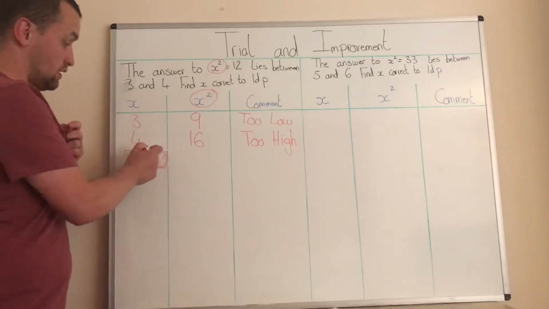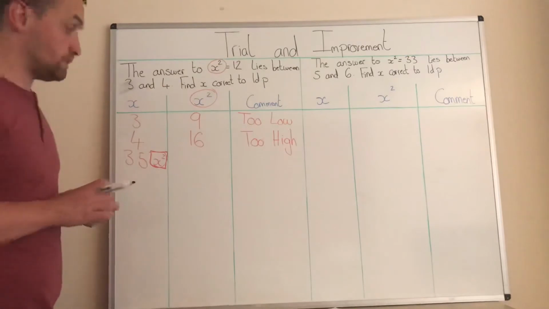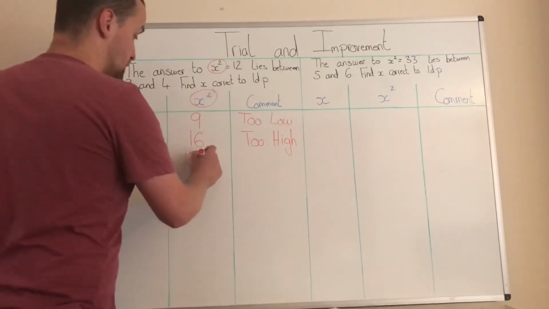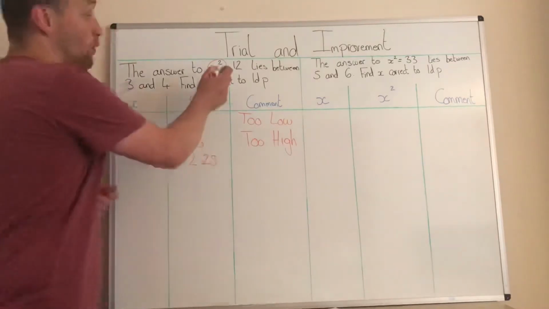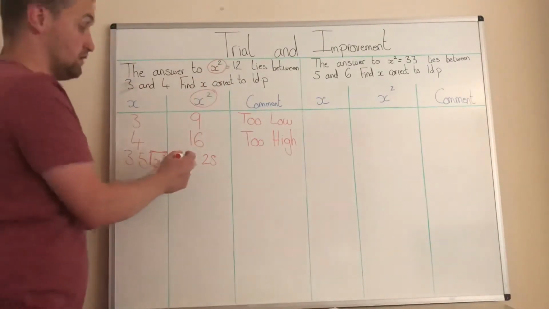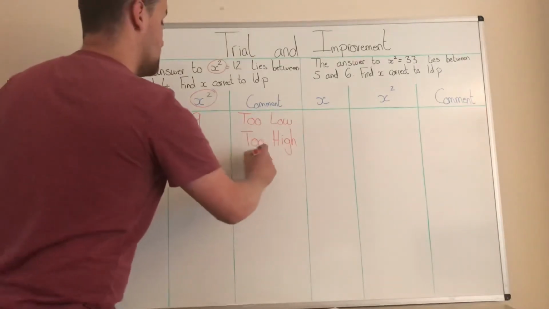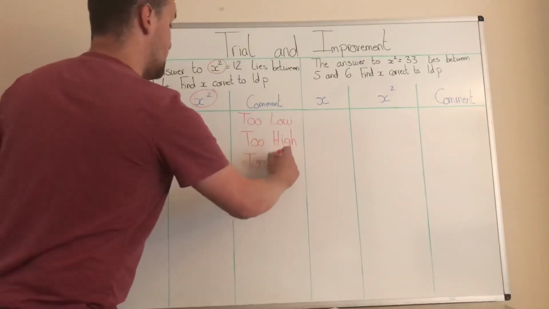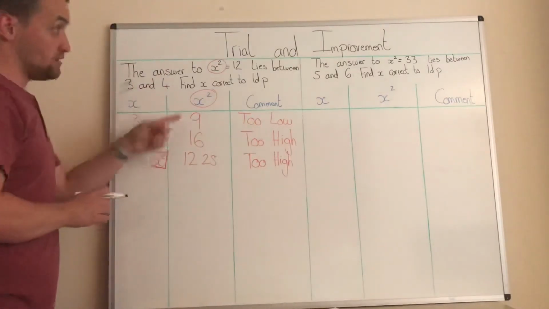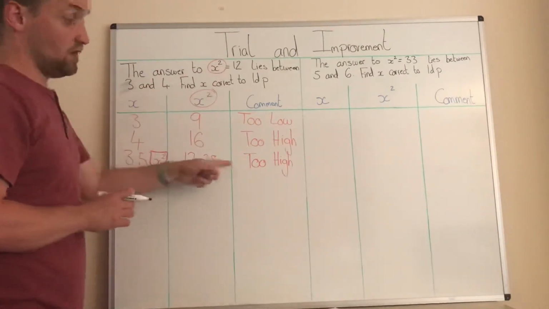On your calculator you should all have a button that says x squared, okay? 3.5 squared is 12.25. Now we wanted to get 12, and we've got 12.25. So this answer is too high. Okay? We wanted 12, we got 12.25, so our answer is too high.